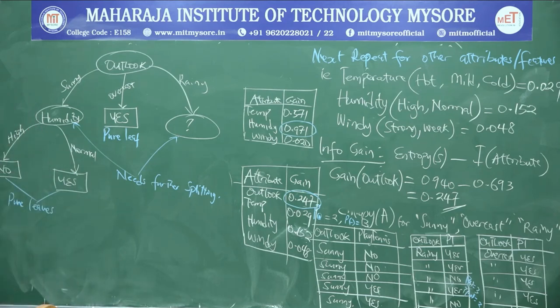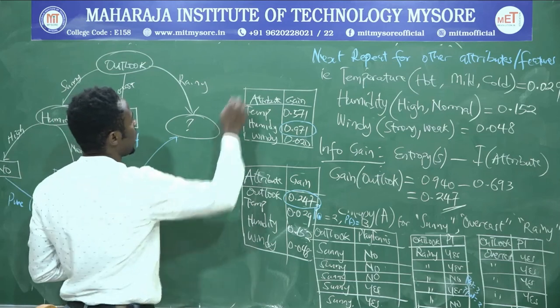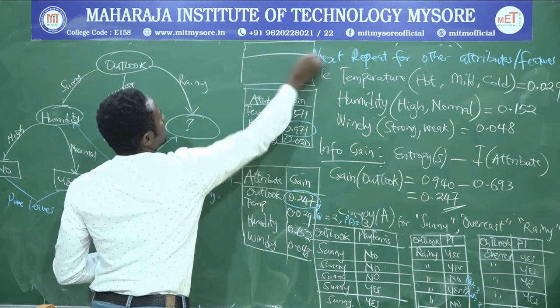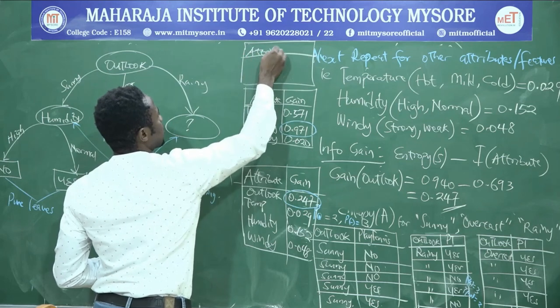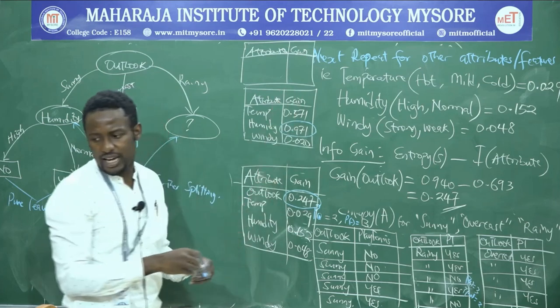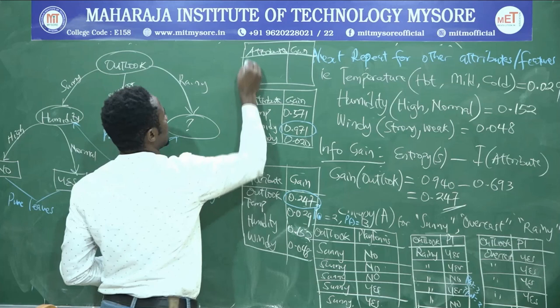Normal was yes, and that was no. Fine. So the last table will look like this. Again, we have attributes and gain value. We had temperature, humidity, and windy.